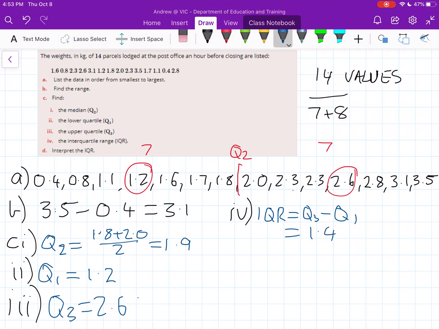Lastly in this question, it asks us to interpret the data. This just means that you need to give a short sentence to show that you understand what the IQR is and how much it covers. To say this, we just need to say the middle 50% of the data, because that's what the IQR is.